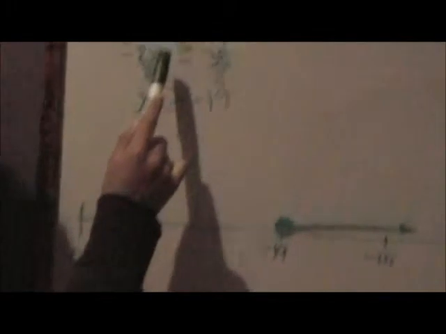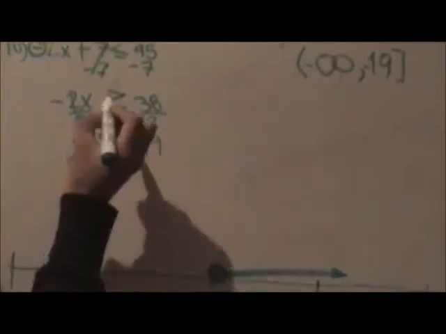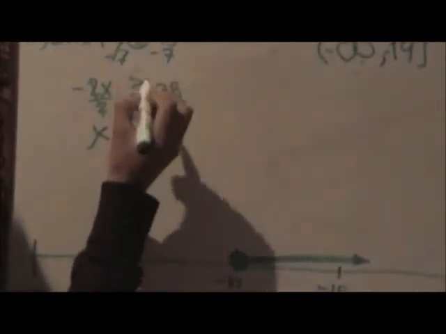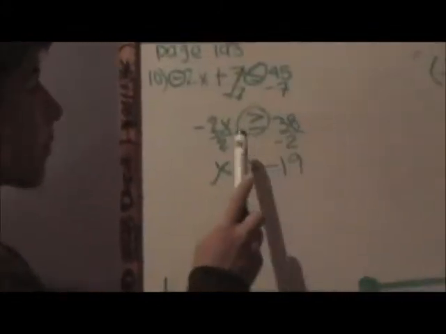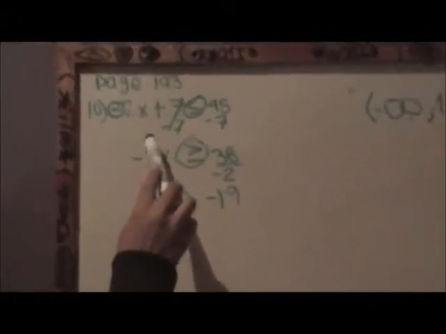So here I have -2x is more than or equal to. Why more? Because if here I have less, I have to change the sign, and here it comes like this. So here I have 38, as I say, and I'm going just to leave the 38, excuse me.